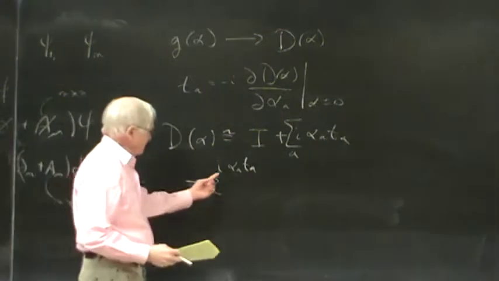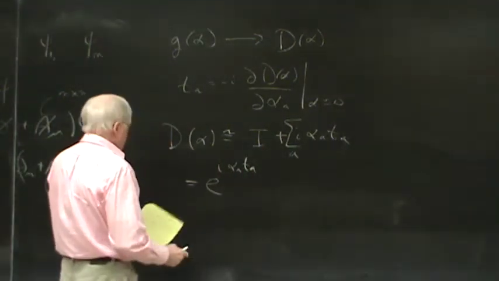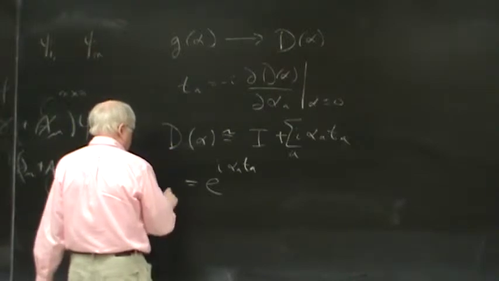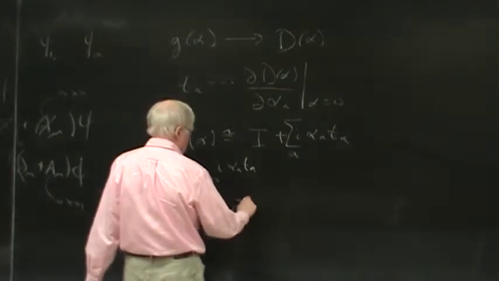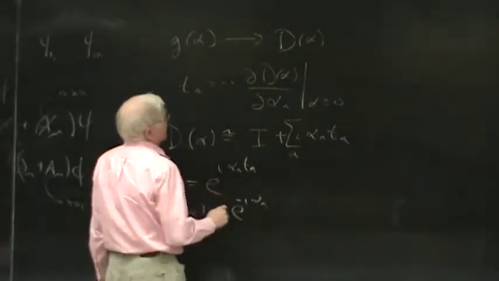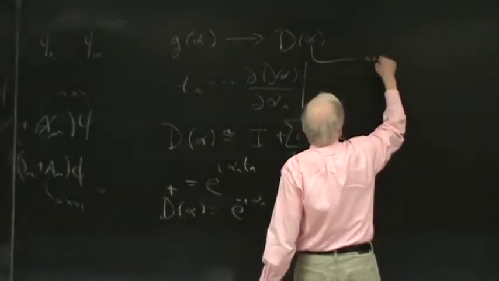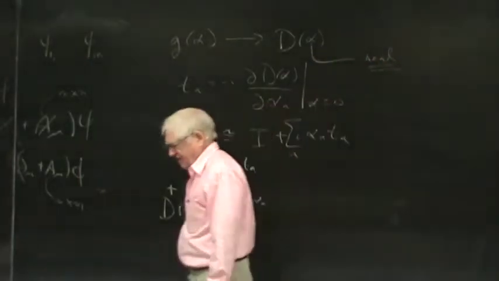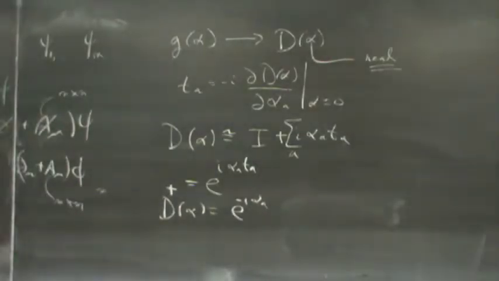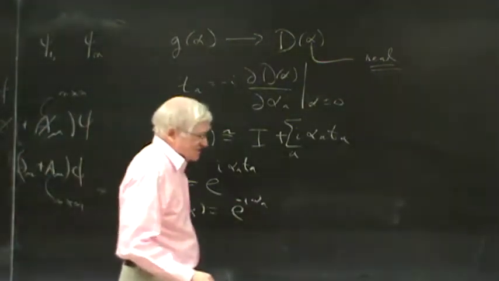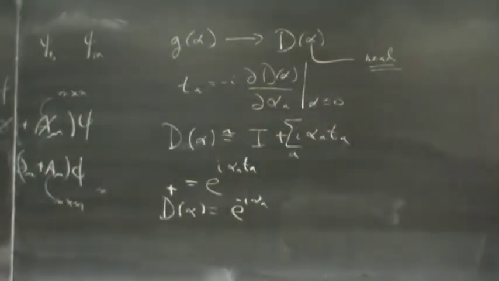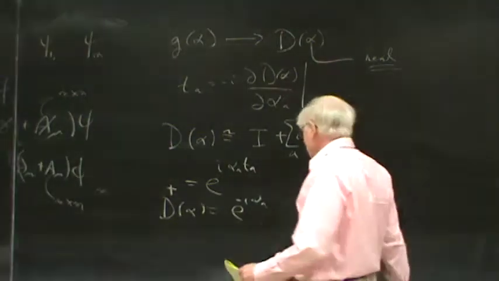Now, if we have an expression like this and we take the adjoint of that, well, this will be e to the minus i alpha_A T_A dagger. The alphas typically are real. Whether you're talking compact or non-compact, at least in my book, I take the parameters real. In fact, in my book, I forgot to say that, I just treated them as real.